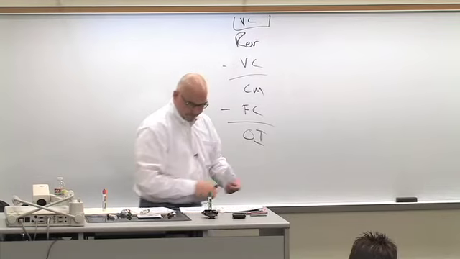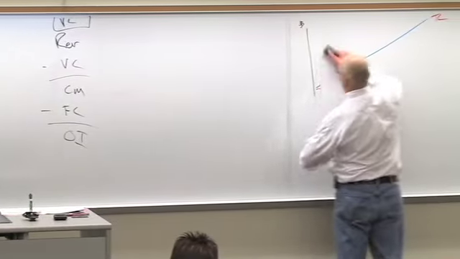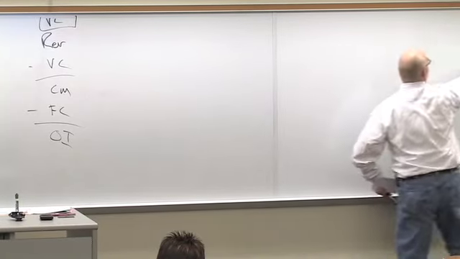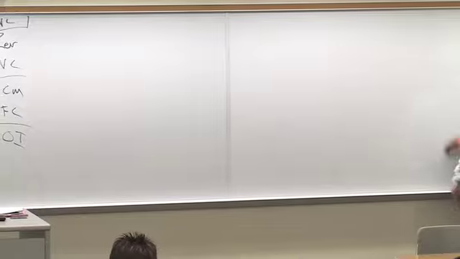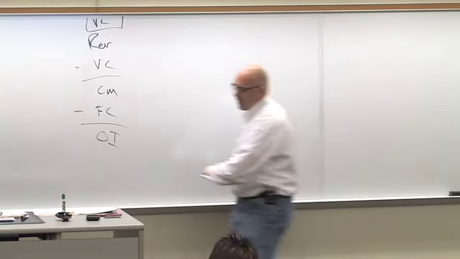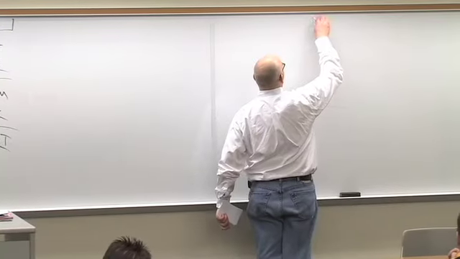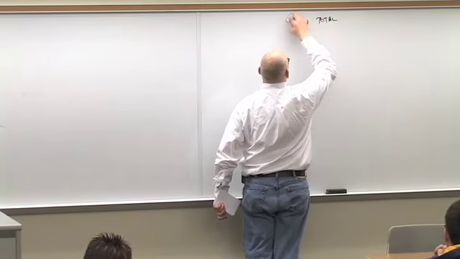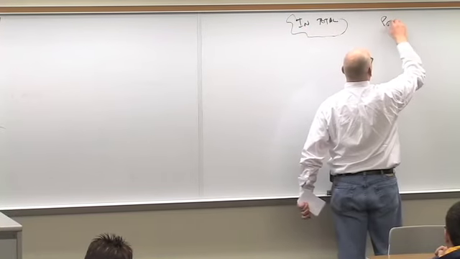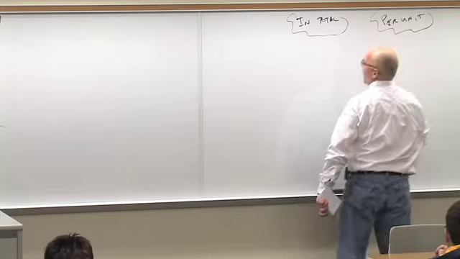Okay, now, let me erase the board. I'm going to give you a couple of formulas, and I'm going to show you how to calculate them in total and per unit. Okay?